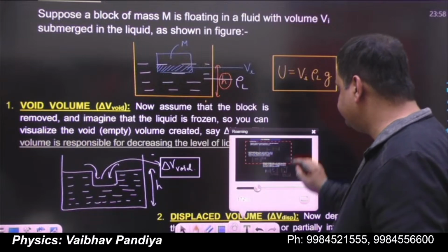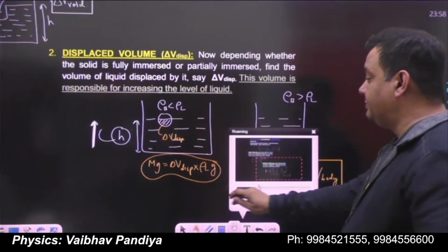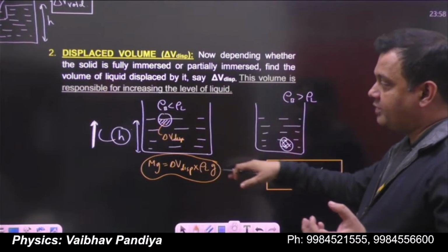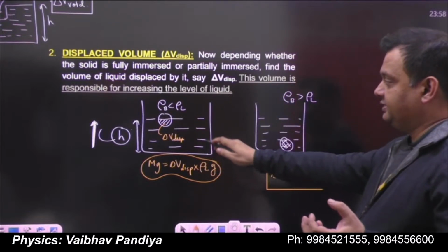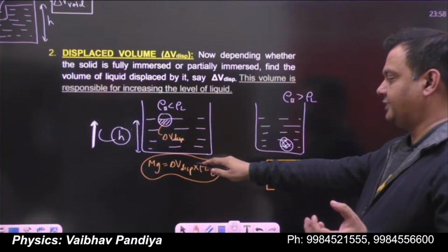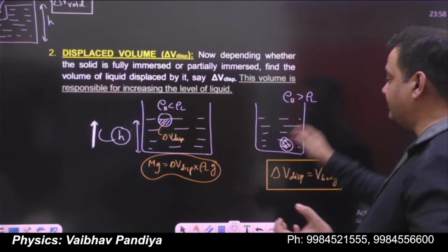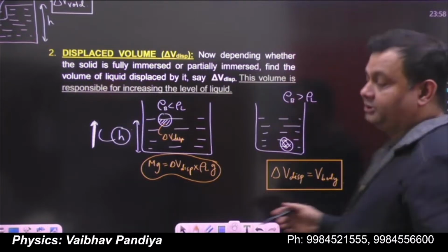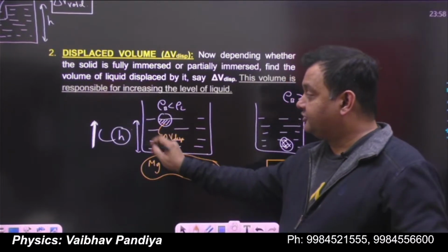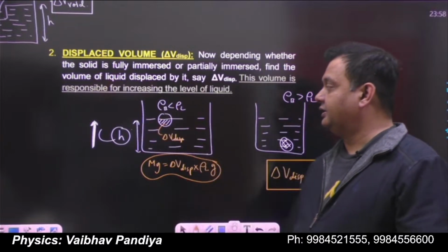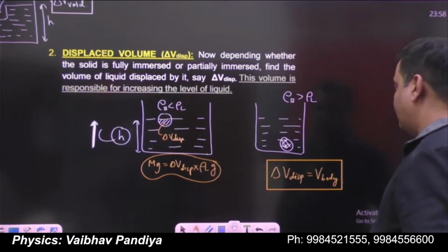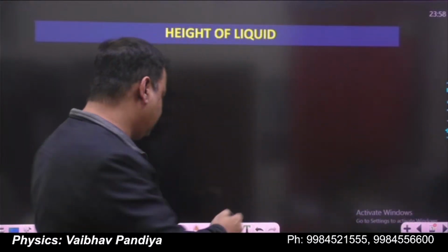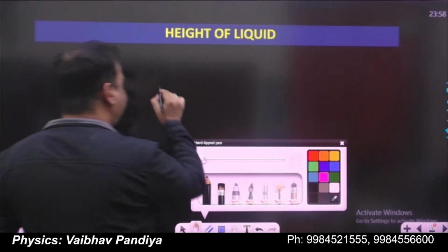Another volume is the volume which will be displaced in the liquid when you are putting some solid object inside the liquid, and this volume you can find by the upthrust principle when the body is partially immersed, and when it is fully immersed, you can find the volume by equating it with the volume of the body. Now this volume will be responsible for increasing the height in the container. Okay. Now we have to find what will be the net effect on the height.